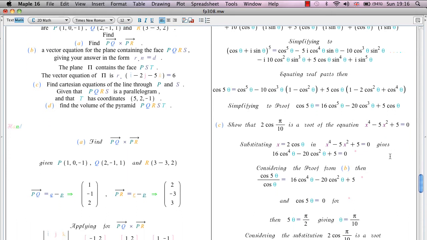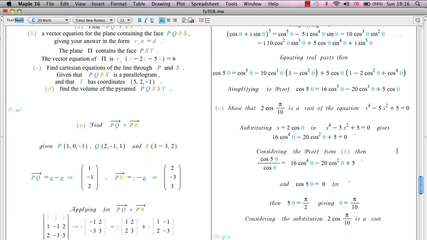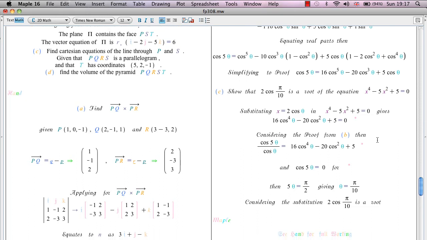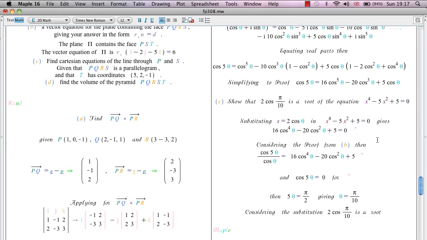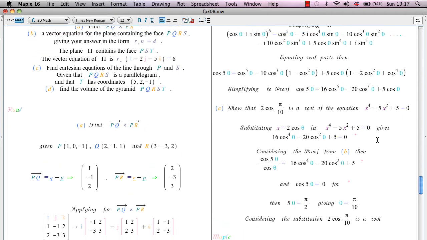So for part C, showing that 2 cos pi over 10 is a root of the equation given, if we substitute x equals 2 cos theta into the expression given, it gives the starred expression. And considering the proof from B, dividing both sides of the proof from B by cos theta gives the starred expression.